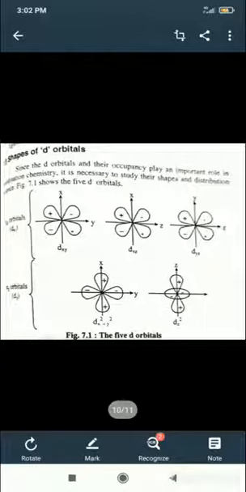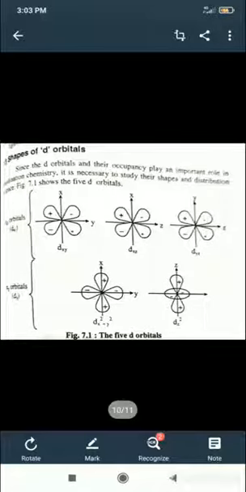T means triply degenerate, that is they are divided into 3. The 2 means in between, that is not along the axes, it is present in between the axes. And g means gerade. Gerade means evenness, that is same energy.